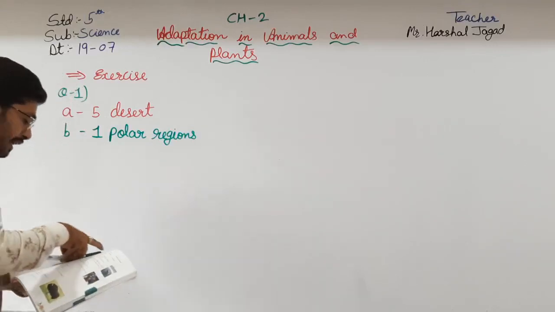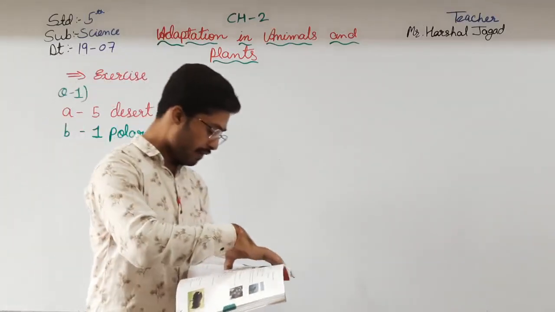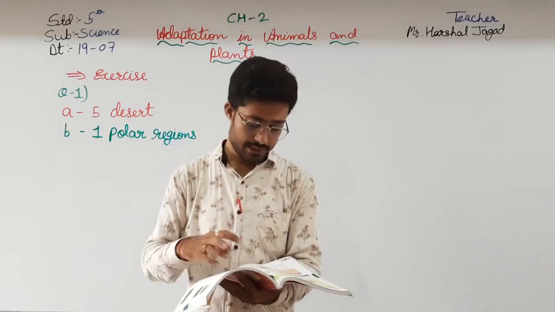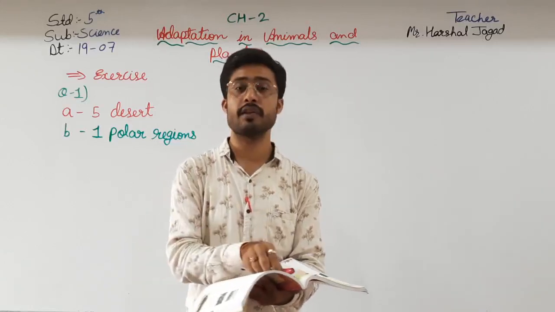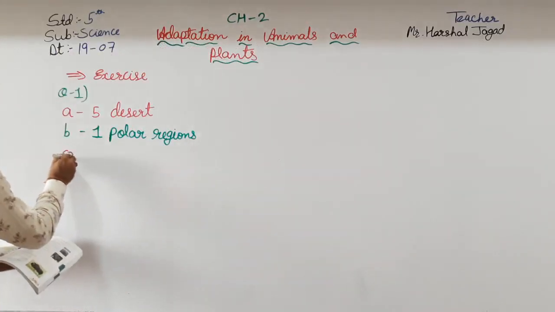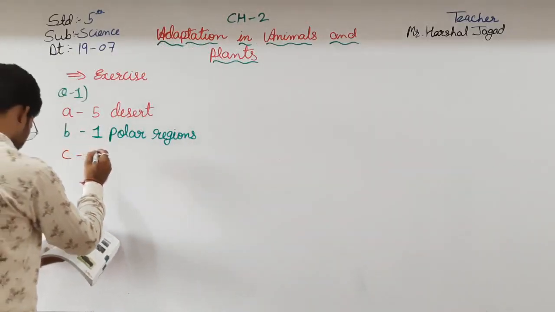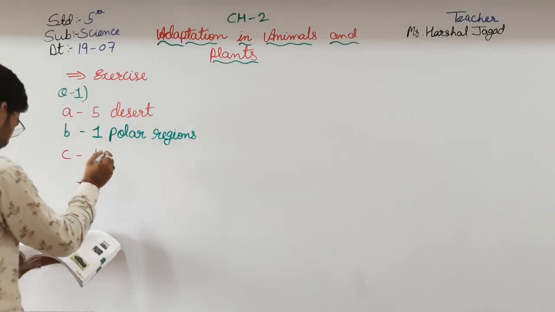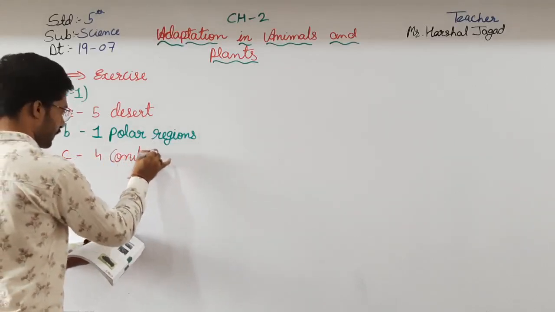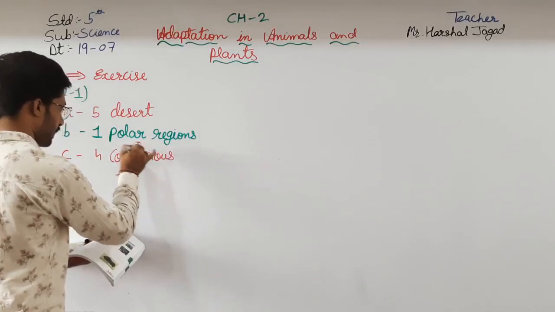Okay, then after, mountainous region, so where there are coniferous trees, C, that is fourth one, coniferous trees.